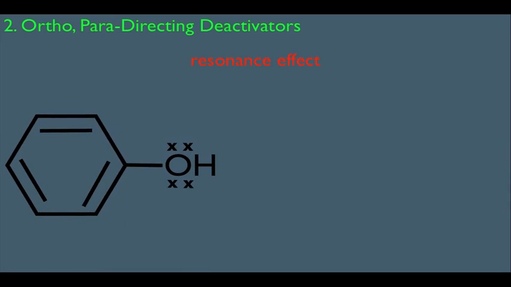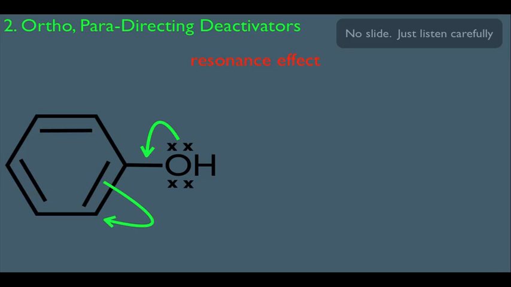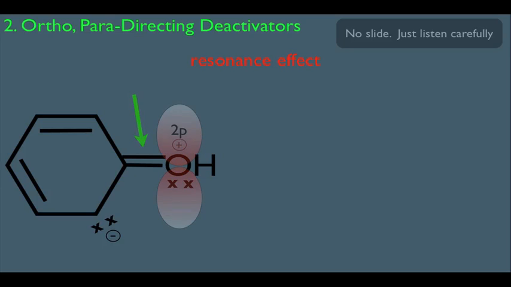Let's tilt this molecule here, and let's look at the resonance effect. Remember, that means drawing this resonance structure right here, and we end up with this result. We get that new pi bond right here. And remember, a pi bond by definition is a sideways overlapping of p orbitals. So let's think about the orbitals here. This oxygen would have a 2p orbital, and the carbon right here would also have a 2p orbital.